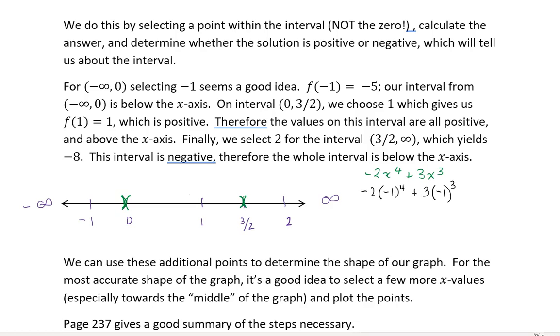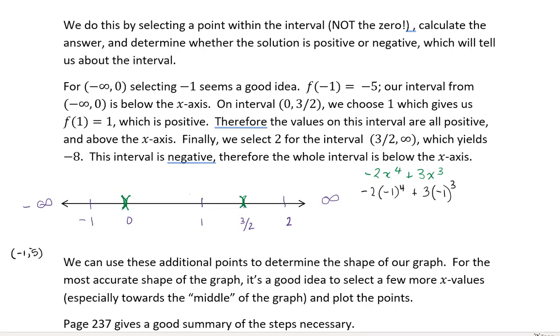plus 3 times (-1) to the 3rd. And when you go ahead and do this, you wind up with a negative value. It's going to wind up being a -5. So I have an ordered pair of (-1, -5). So this is going to be a negative value, right?